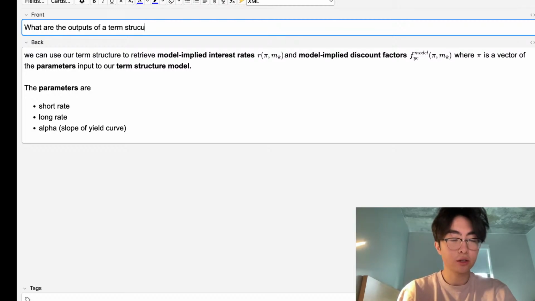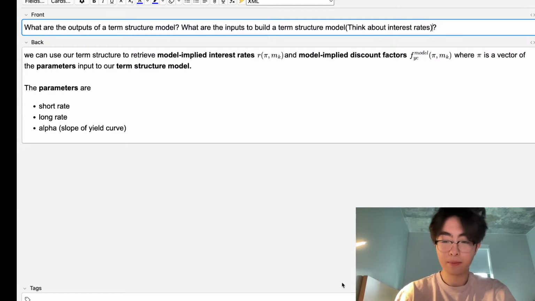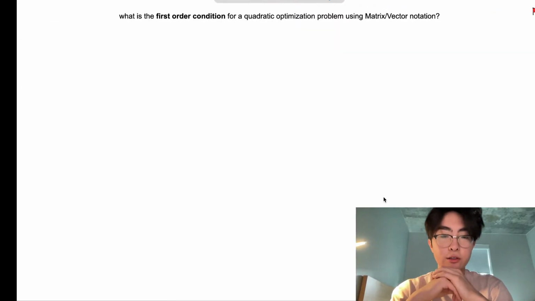Term structure model? What are the inputs to build a term structure model? So think interest rates here. Okay. What is the first order condition for a quadratic optimization problem using matrix vector notation?